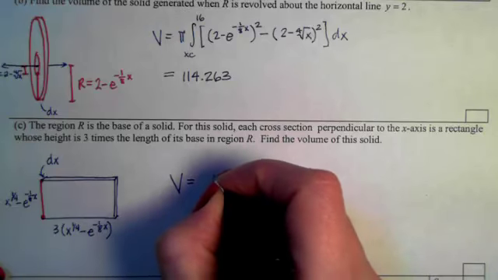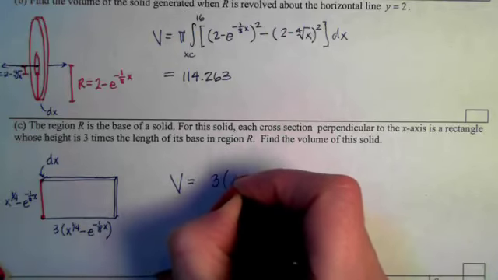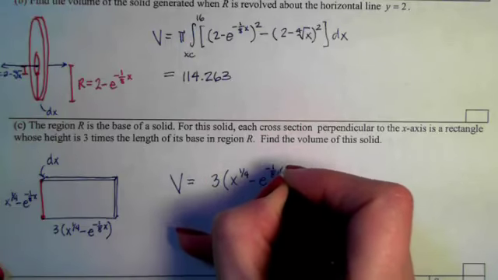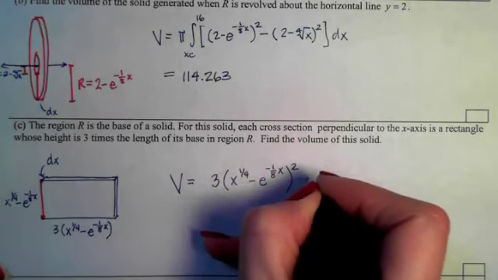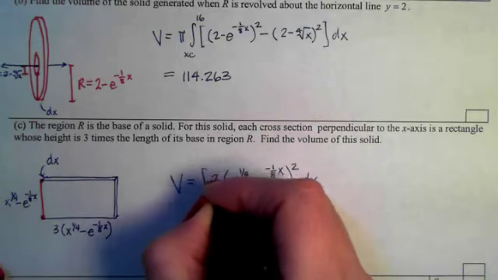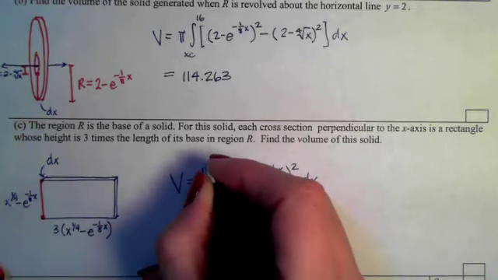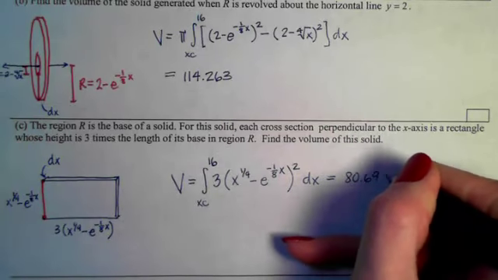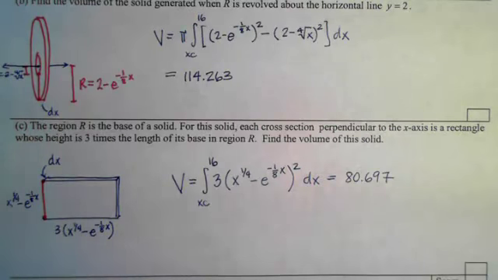So we'll have a 3 of those, x to the 1/4 minus e to the negative 1/8 x, squared, times the thickness, and we again will accumulate from xc to 16, 80.697. And we're done.